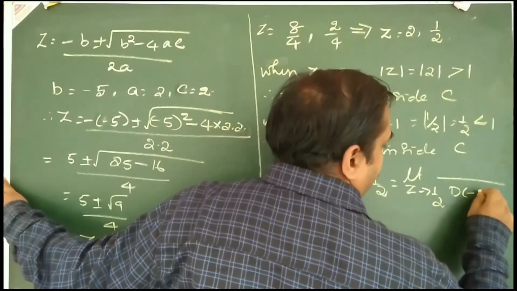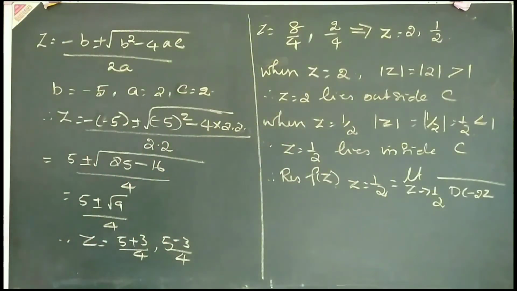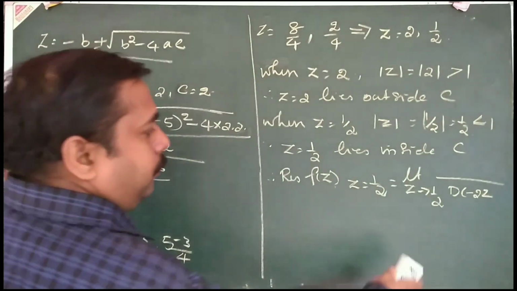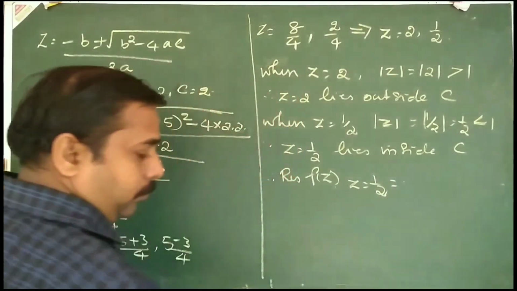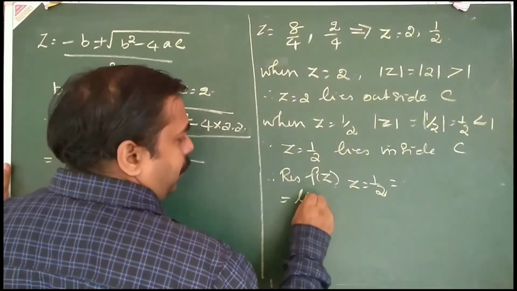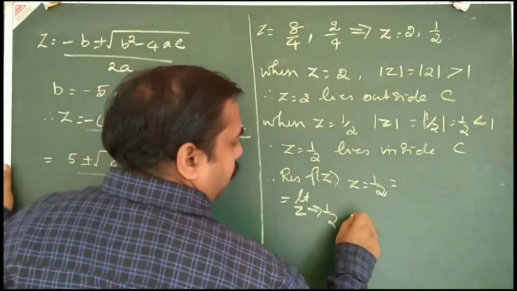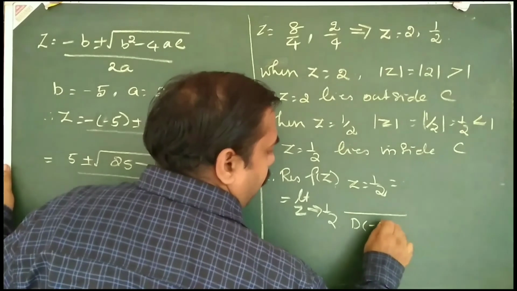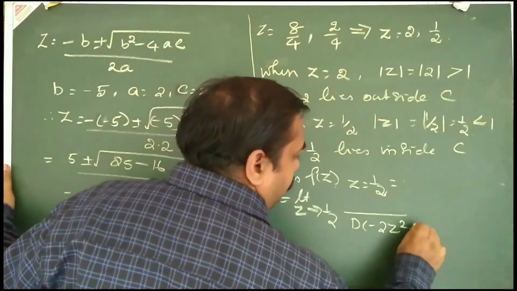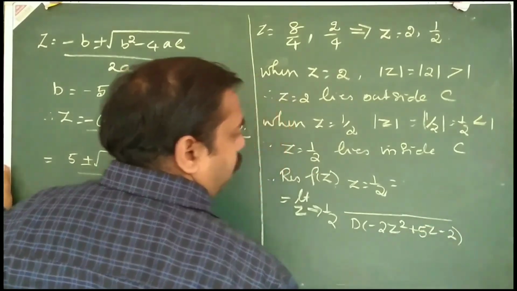Limit z tends to 1 by 2, numerator z cube divided by the differentiation of minus 2z square plus 5z minus 2.